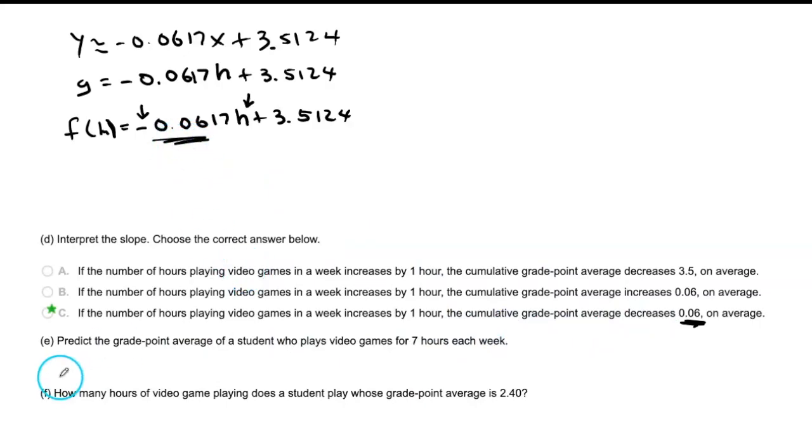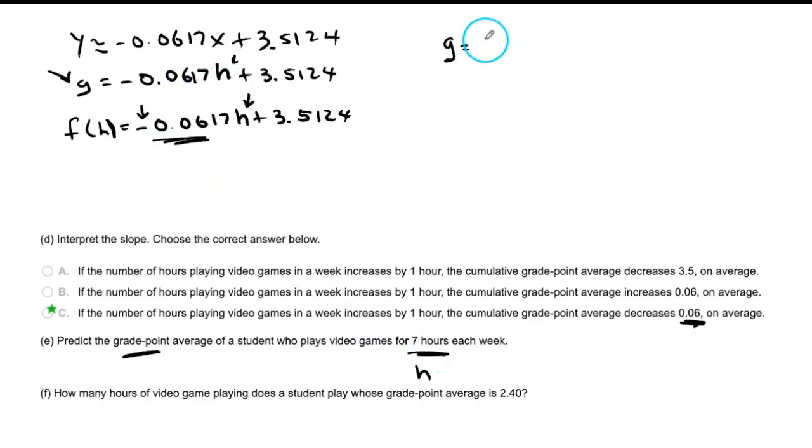All right. Next question. Predict the GPA of a student who plays video games for 7 hours each week. What do I do? This is your GPA. This is the number of hours. How much is G when the student plays for 7 hours?